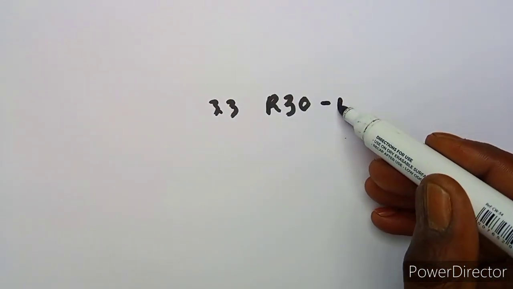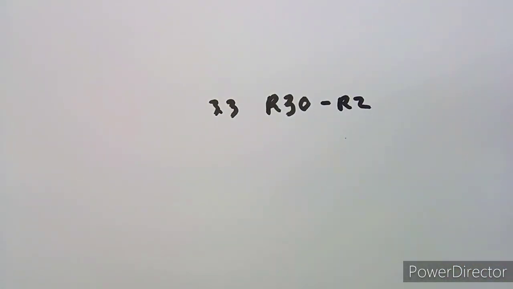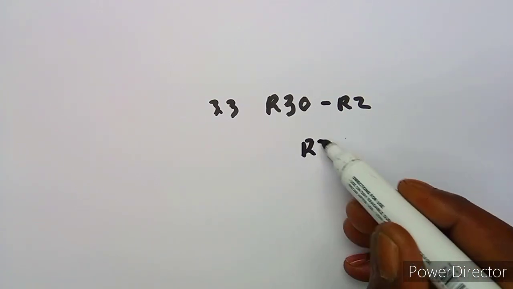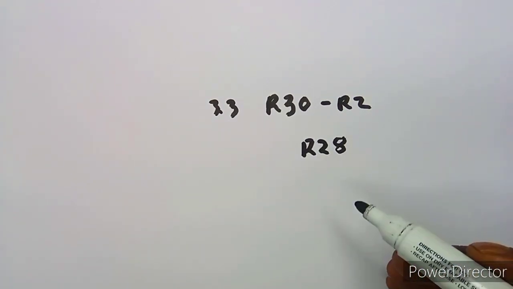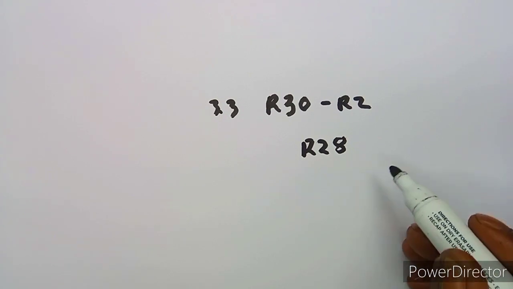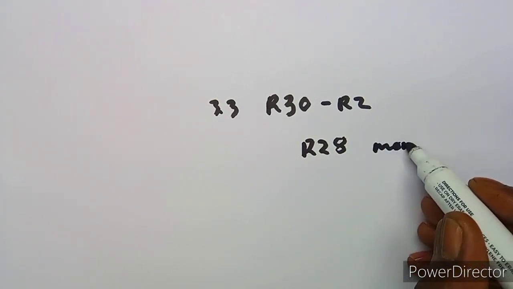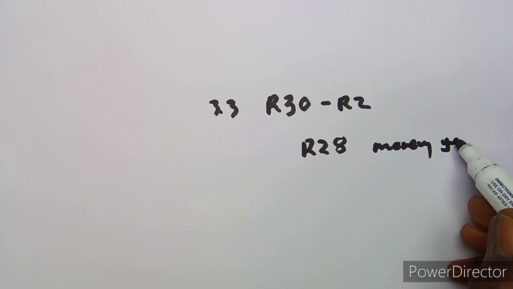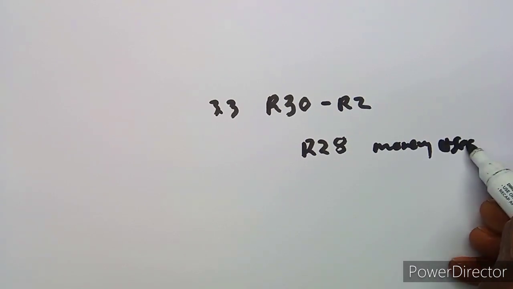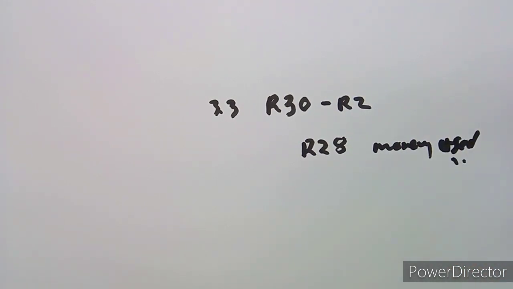So we want to know the amount which was used, which is actually 28 rand, if I'm not mistaken in terms of calculation. So this is the money which was used to buy all these.